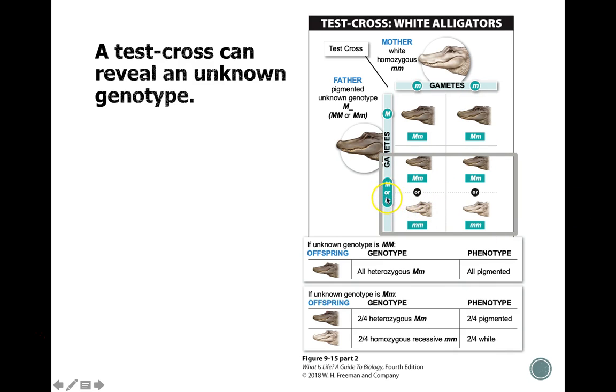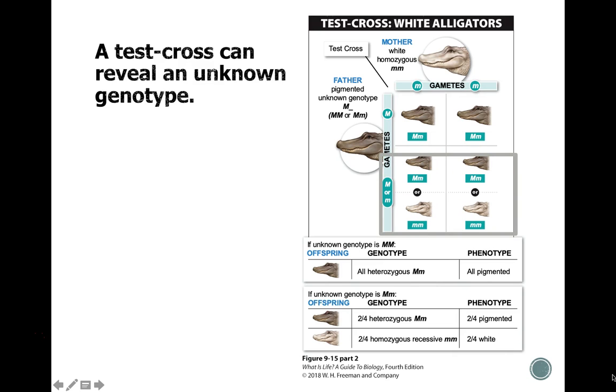However, half of the individuals are going to get his recessive allele. That means half of the offspring are going to be albino. So now, if this is the scenario, we know what genotype that dad was. We also know what genotype the offspring have to be.